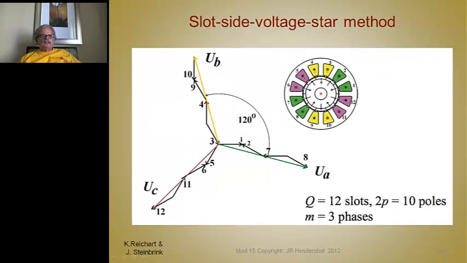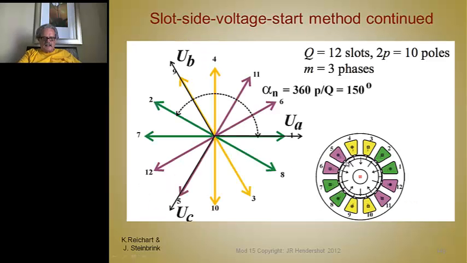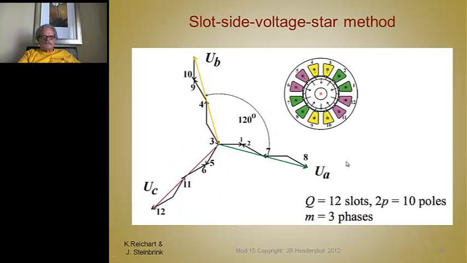Here's a plot of these coils along the voltage star, right along the three vectors where you're going to apply the current. Remember, you're going to apply current in here, and it's going to go through all these coils. It's going to go through all three coils, and that's how that ties in with this diagram here.